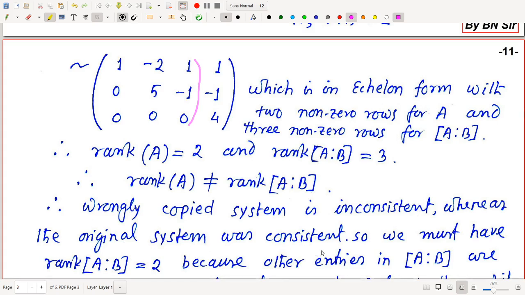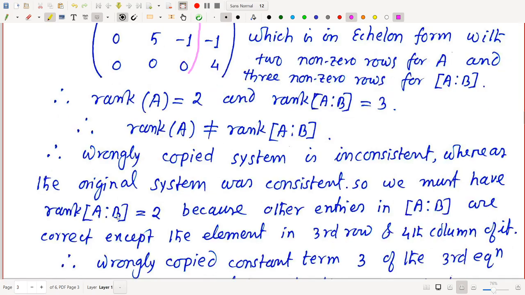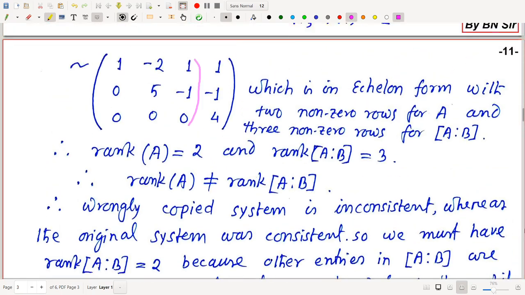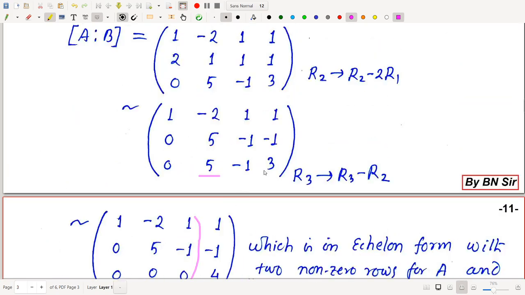So we must have the rank of the augmented matrix also 2, because other entries in the augmented matrix are correct except the element in the third row and fourth column of it. In the augmented matrix, this entry is wrong as written in the question.